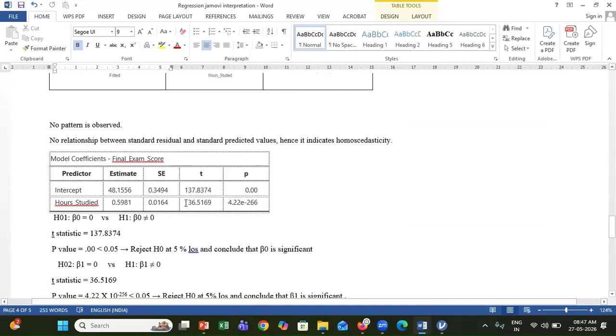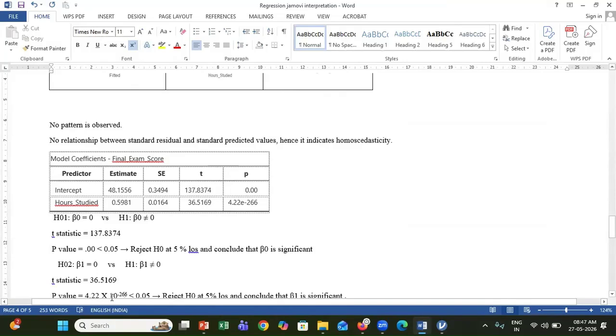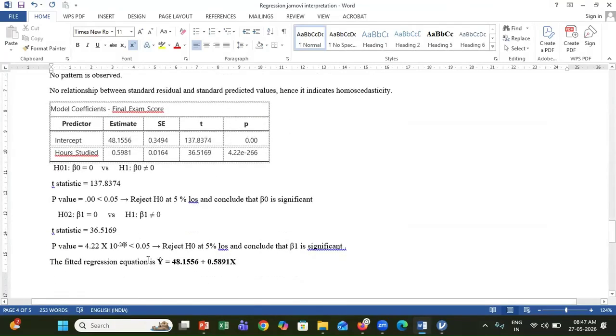My t statistic value is 36.5169 and the p value is 4.22 times 10 to the power minus 266, which is less than 0.05, which indicates that we reject H0 at 5% level of significance and conclude that beta 1 is significant. Once both the coefficients are significant, then we write the regression model.